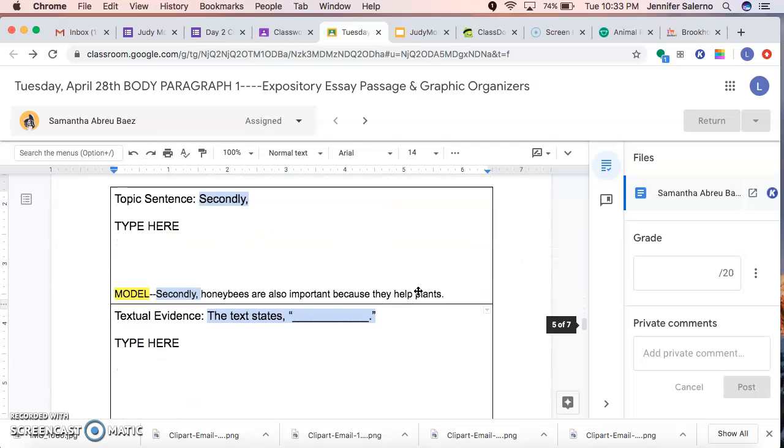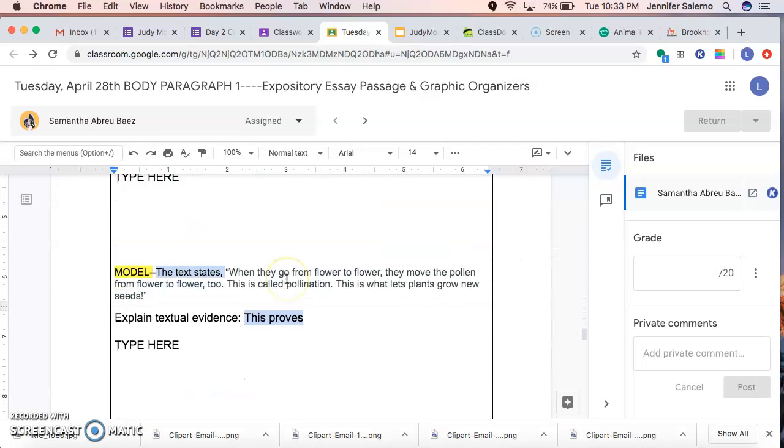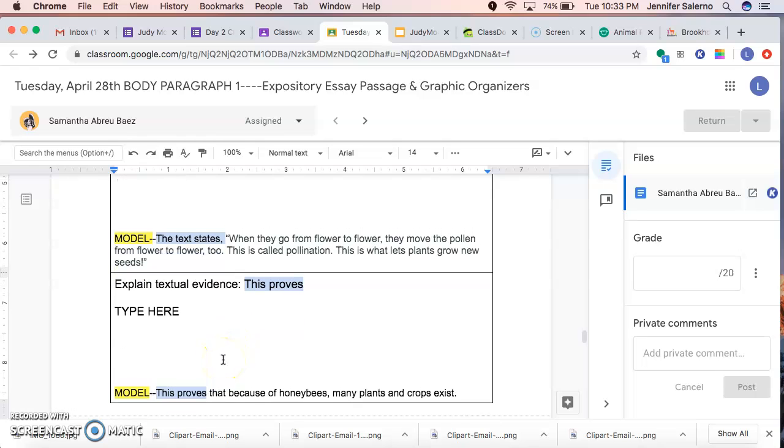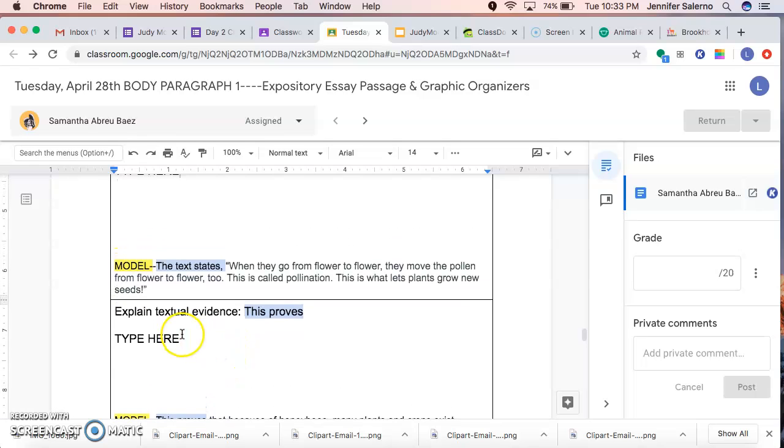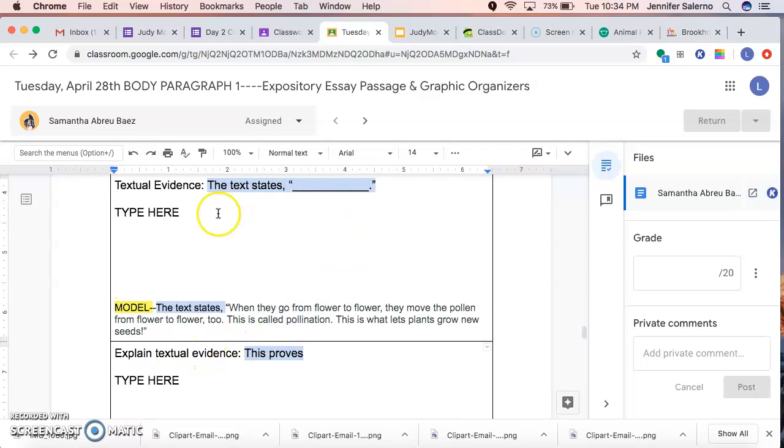Once you have your textual evidence, you are then going to come to your last part for your body paragraph 2, which is this proves, which is your explain. Remember that your explain is in your words. So you're explaining. So you're going to delete here where it says type here. You're going to rewrite this proves, and then you're going to use your words to explain to me your textual evidence here.